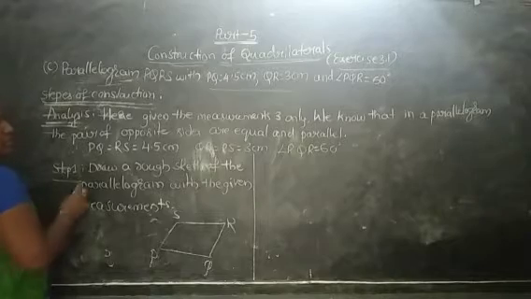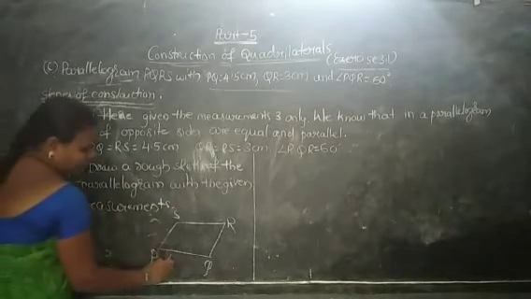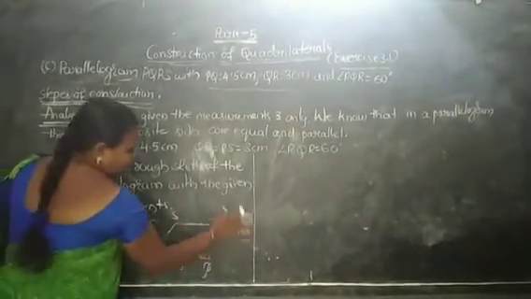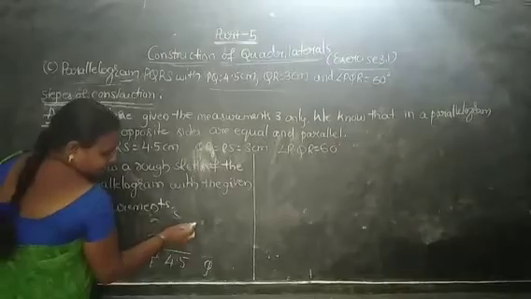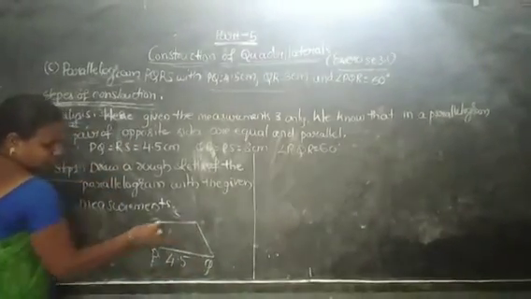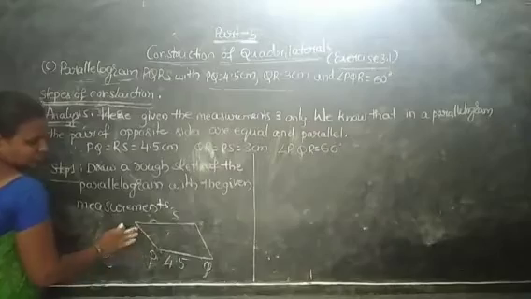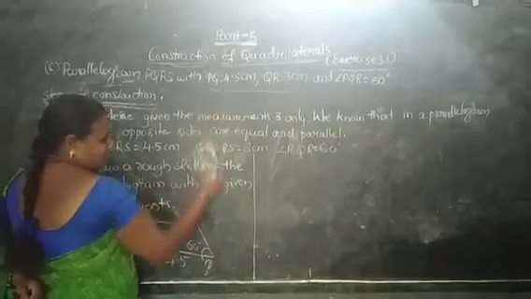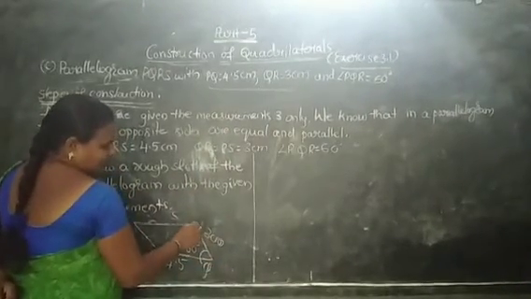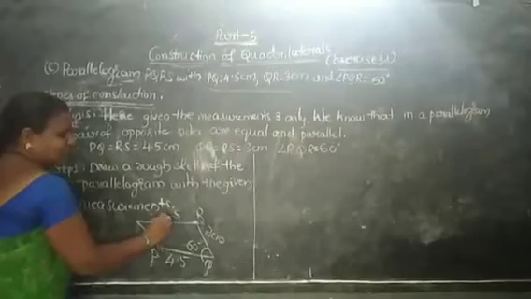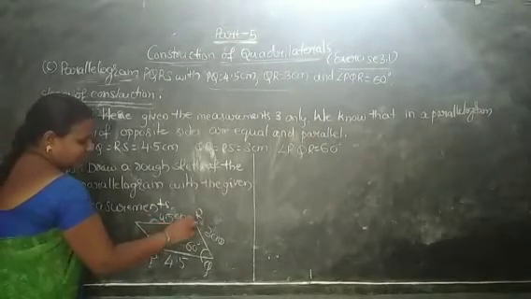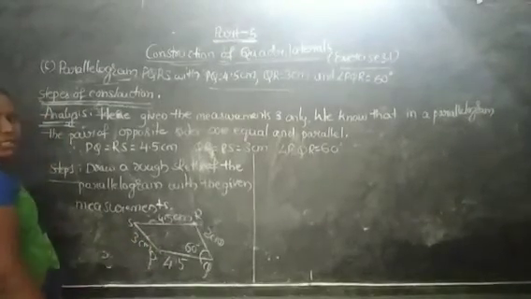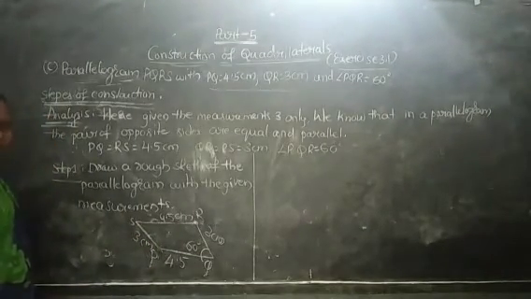PQ is 4.5. Angle Q is 60 degrees, and this is 3 centimeters. This is R. Here also it is 4.5 centimeters. Here also it is 3 centimeters. This is the rough sketch of the parallelogram.